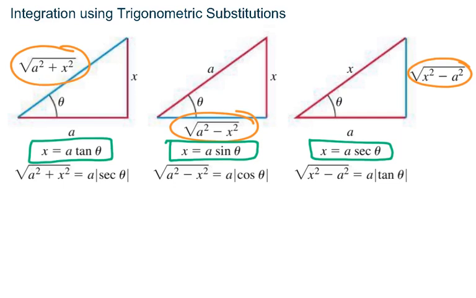Okay, so using a trig substitution is useful when you have any of these three items in the orange circles that I'm pointing to. And then the trig substitutions that we generally use are x equals a tangent theta, x equals a sine theta, and x equals a secant theta, again, depending on the form we have.